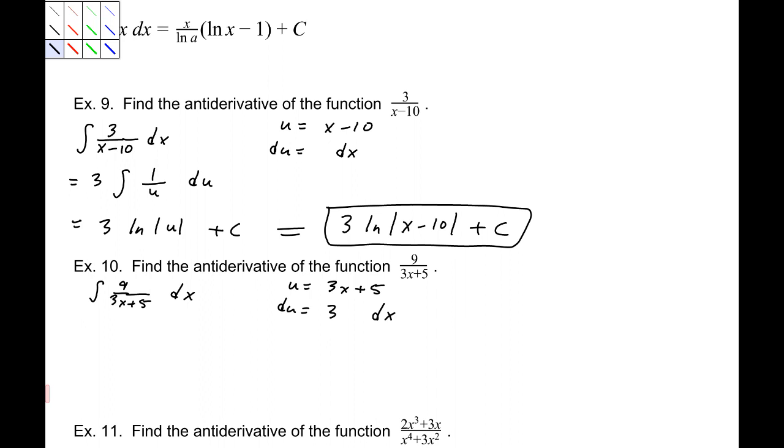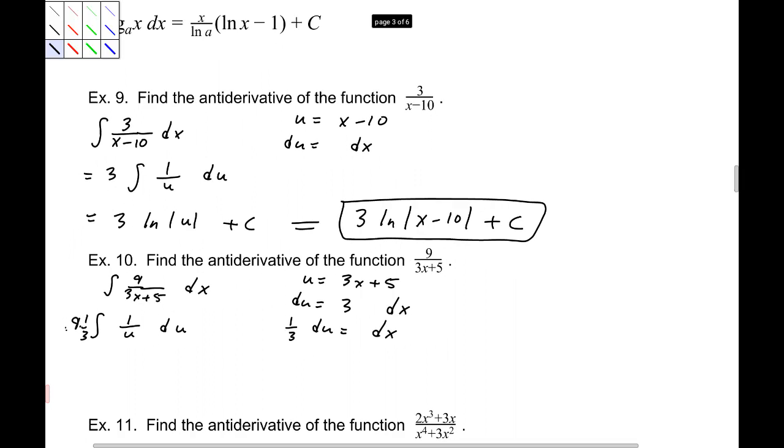Now I really need to replace just the dx, so I'm going to write this as 1/3 du equals dx. So when I integrate this, first I'm going to bring that 9 out, 1 over u du. Now, that's not quite going to work because I have that 1/3 there. Let me bring that 1/3 out.